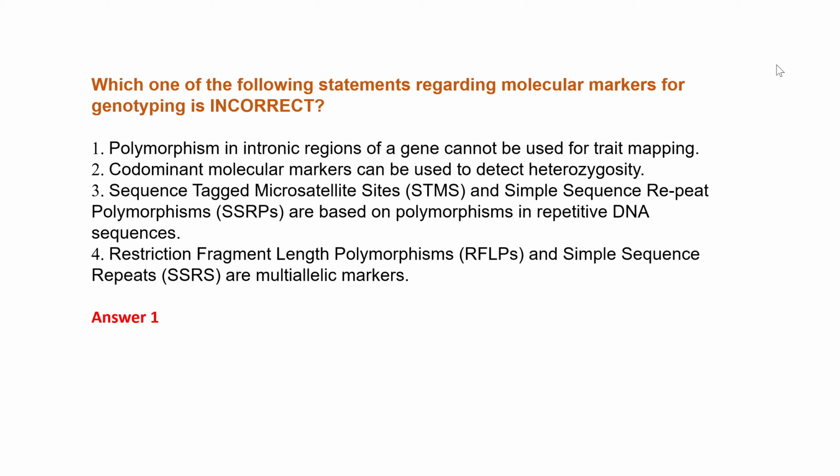Option 4, restriction fragment length polymorphisms (RFLPs) and simple sequence repeats (SSRs) are multi-allelic markers. So the right answer will be option 1, the incorrect statement. Polymorphism in intronic regions of a gene cannot be used for trait mapping. Next.